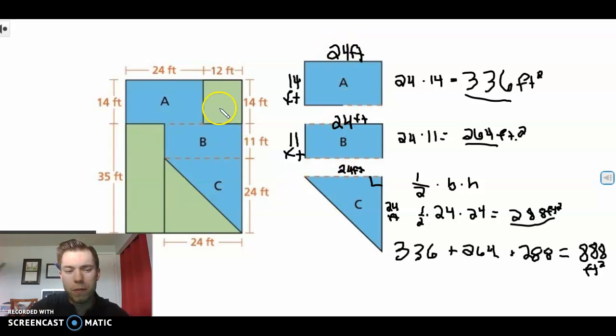Well, then how do we go about finding the area of the green space? Well, there's multiple ways you could approach this, just like there were multiple ways that you could have broken up this composite polygon. Now you could go about finding each area here, just like you did with this part of the composite shape.